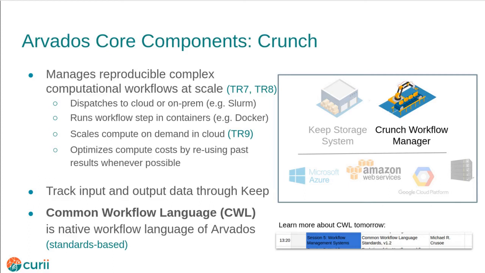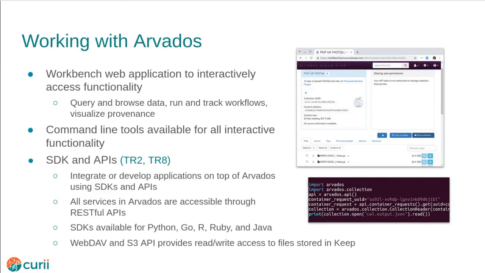Crunch can easily satisfy the compute request by using the cloud provider's API to request a new compute instance on demand, running the job, and then shutting down the compute instance when it is no longer needed. This allows for scaling up to support huge computations when needed and scaling down to minimize costs. For day-to-day use, Arvados offers a web workbench application and command line tools, which we saw in the demo.